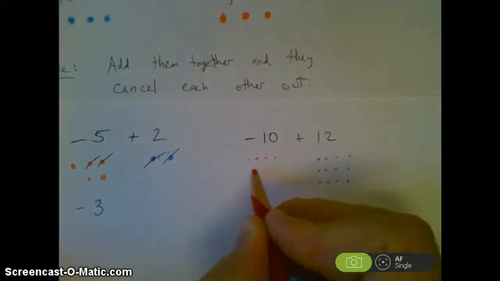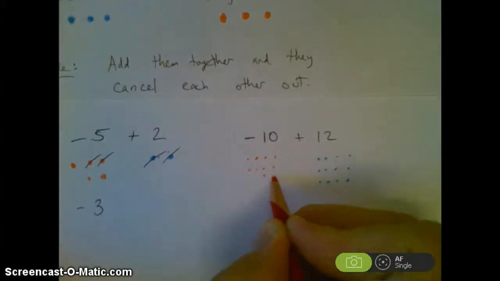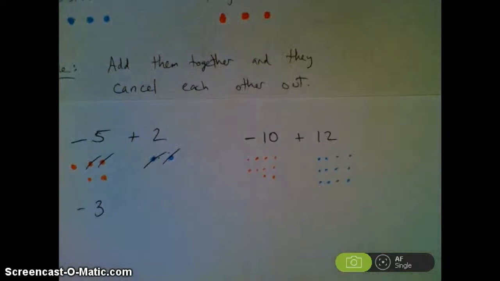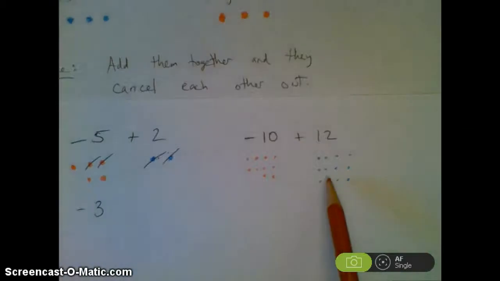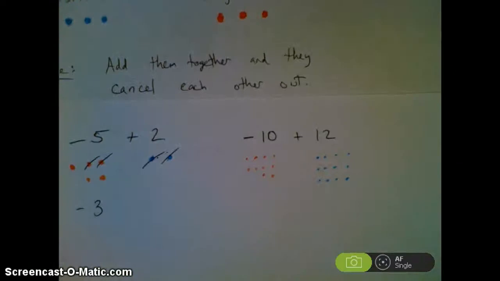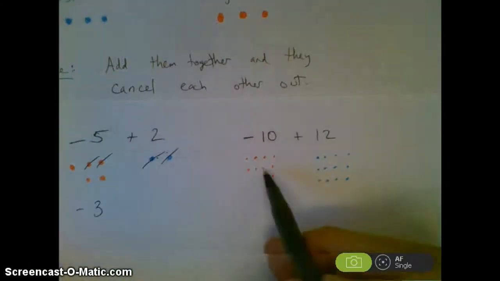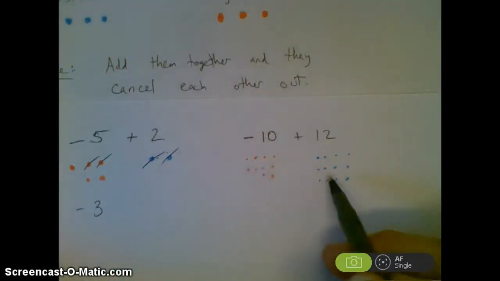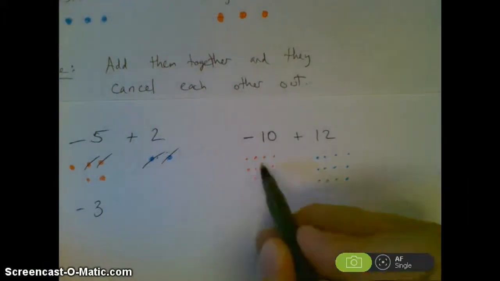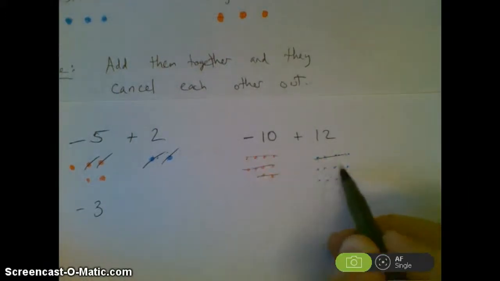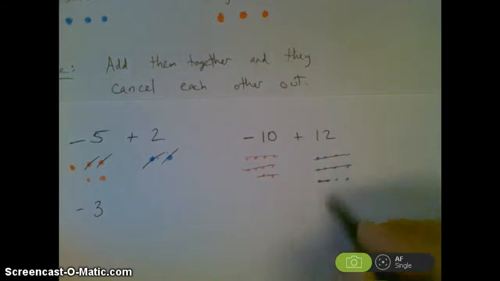So I can see that whatever I end up with is going to be positive. I have more positives than I have negatives. So these 10 negatives will cancel out 10 of my positives, leaving me with positive 2.